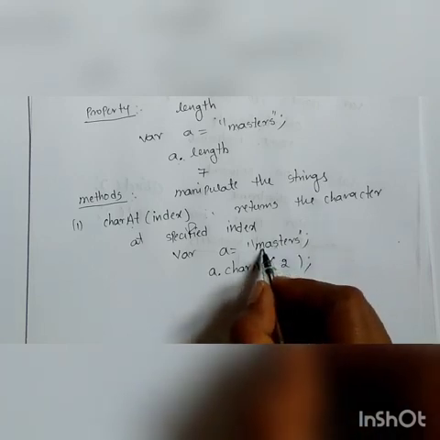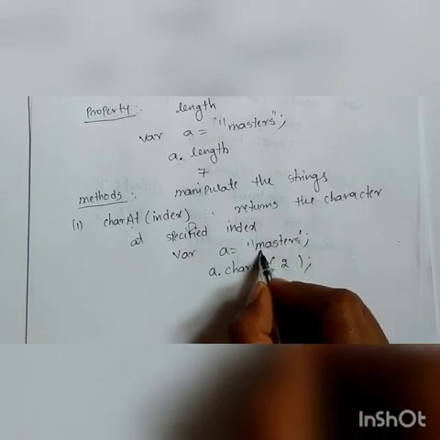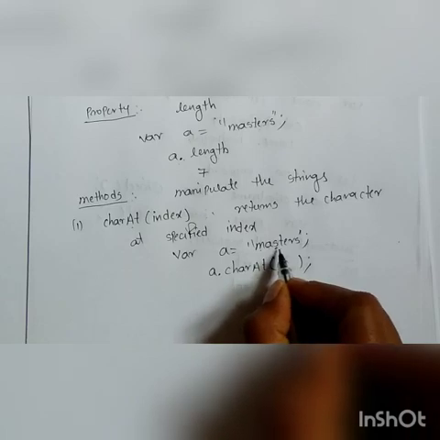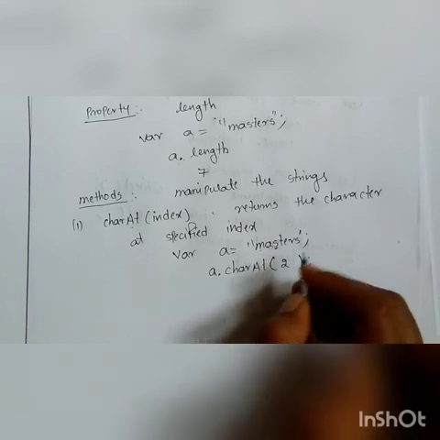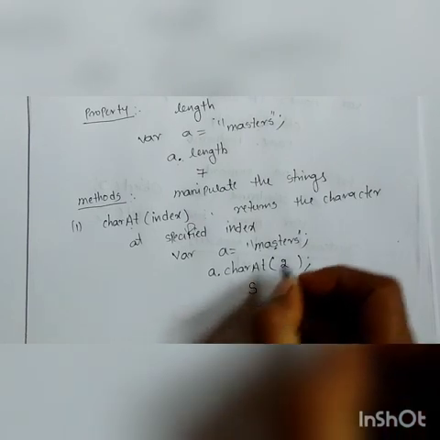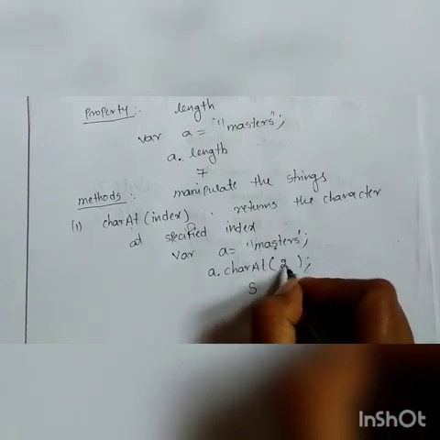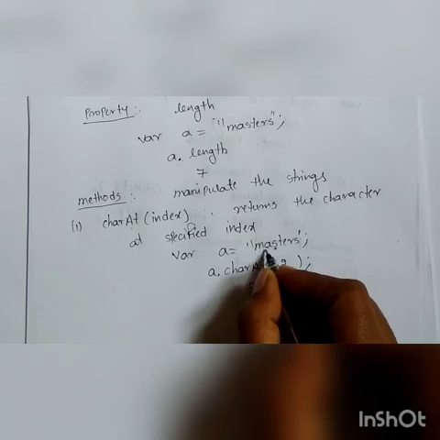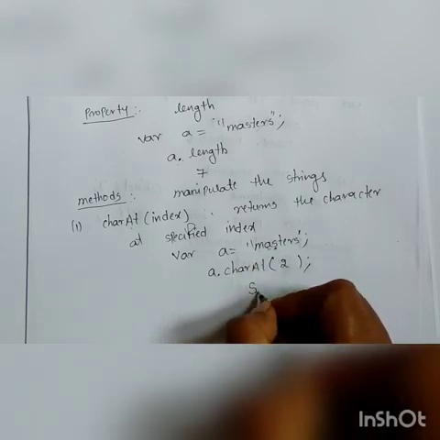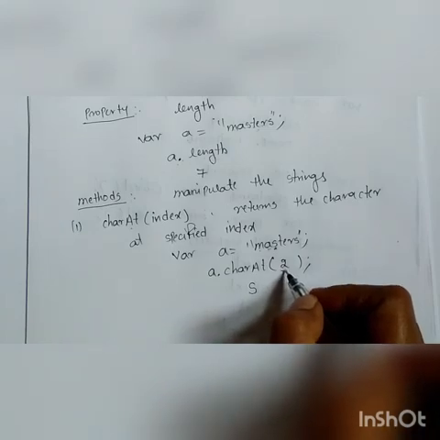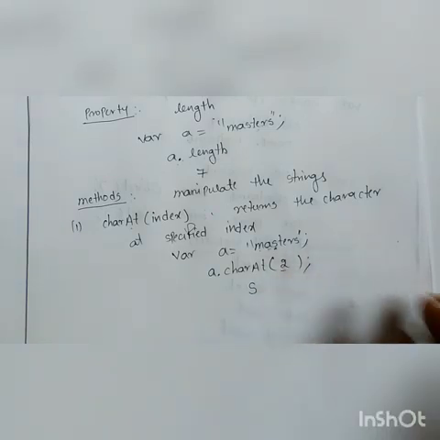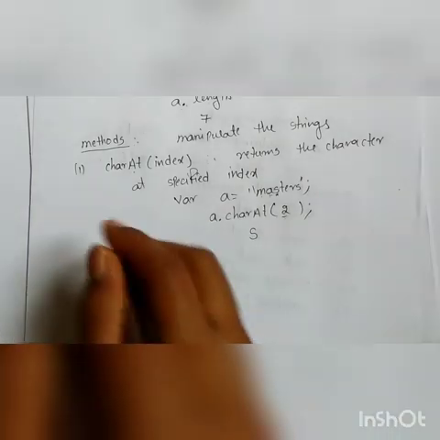String character positions start from 0: 0, 1, 2. So in the second position, what is the character? S. So it returns S. In case I take 1, in position 1 the character is A, so it returns A. So it returns the character at a specified index. The index number can be any integer number. So this is charAt.